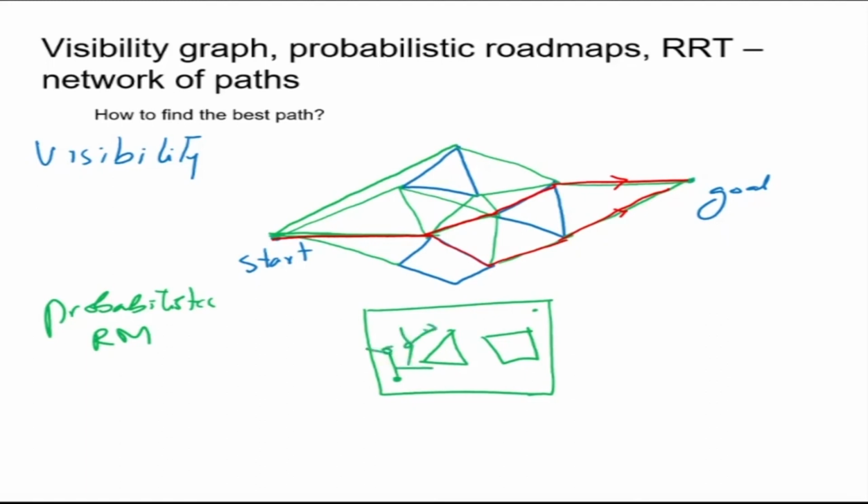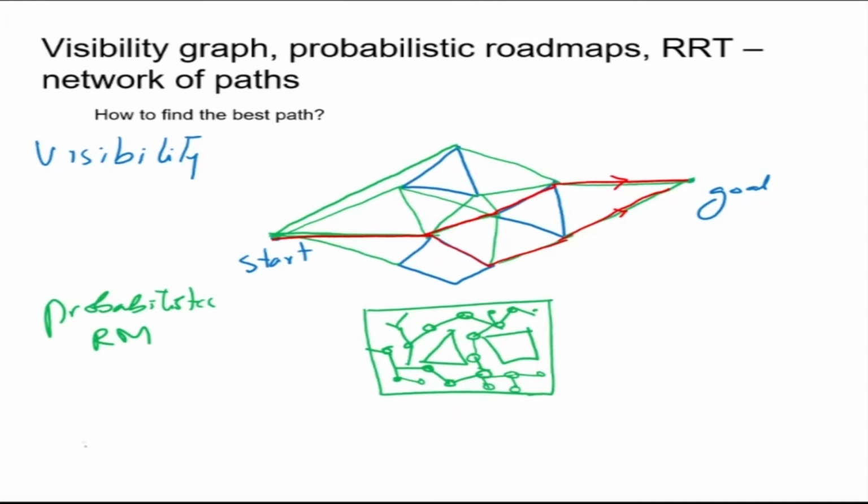Basically we generate nodes which are possible, and then we connect nodes by edges and see whether I can connect from the start point to the goal point. So these are nodes, and two of the nodes are connected by edges. But in all these cases, what we see is that we are making a network of paths. Then the question comes, which path am I going to take?